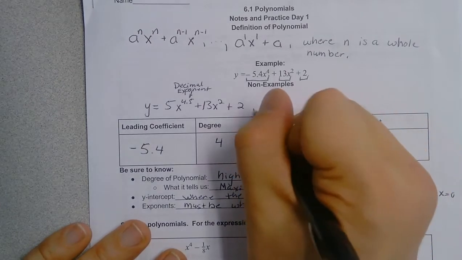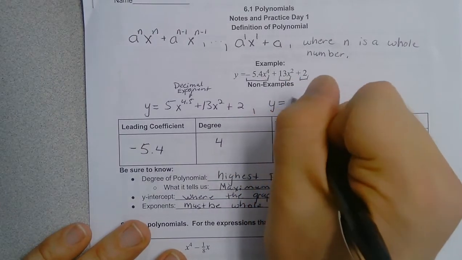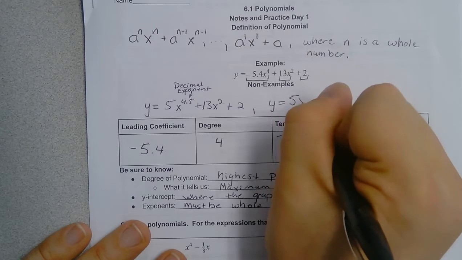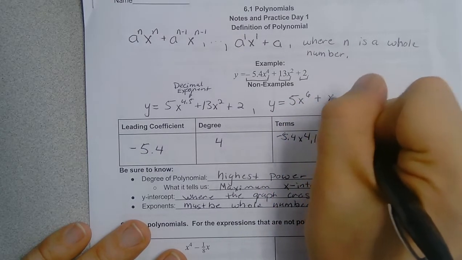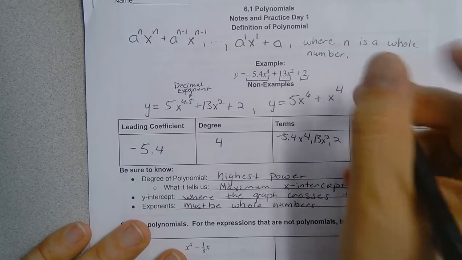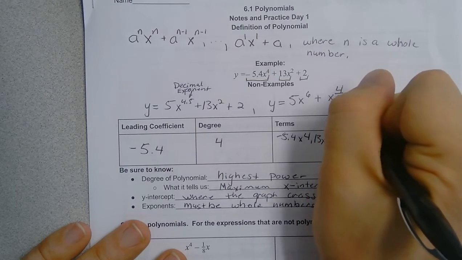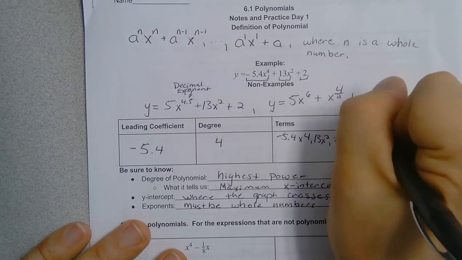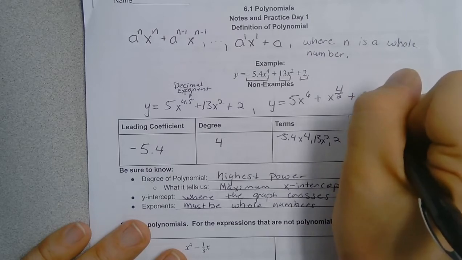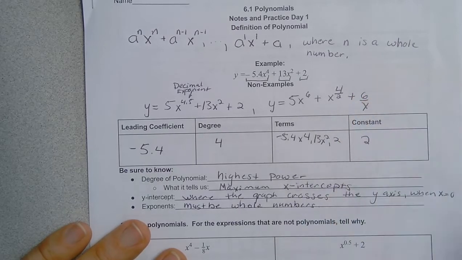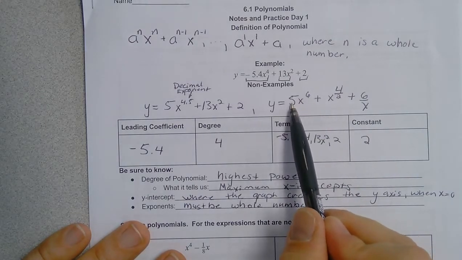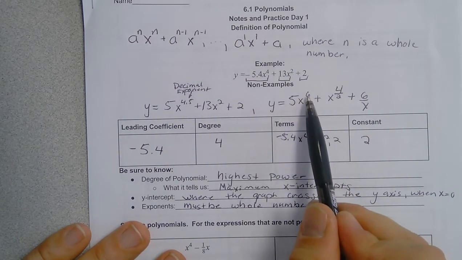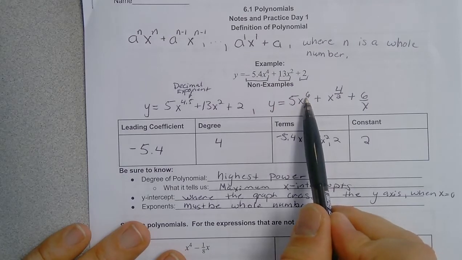Another example, let's say I said y equals 5x to the 6 plus x to the fourth over 2 plus 6 over x. Now, in looking at this, I have a coefficient and an integer or a whole number exponent.